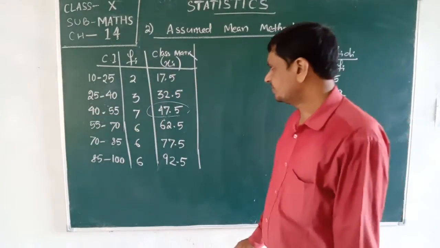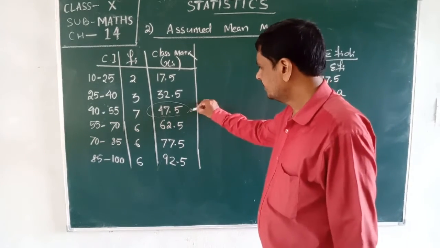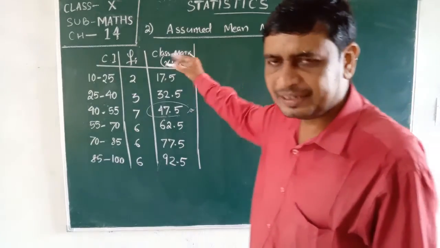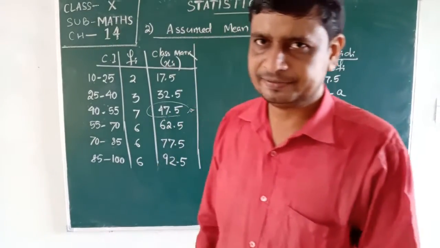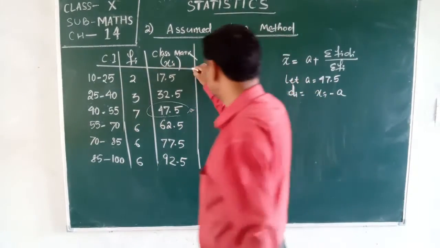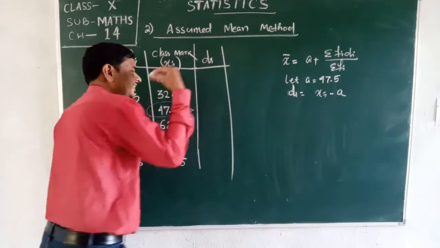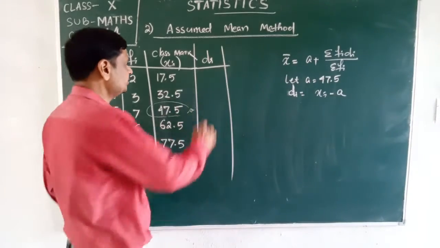So we have to subtract this A from each of the observations, each of the elements from the column xi. It becomes a column Di. This one is the Di column.